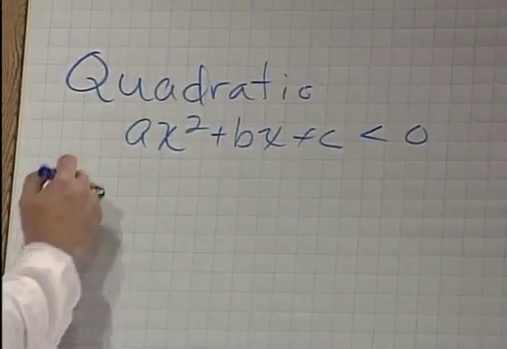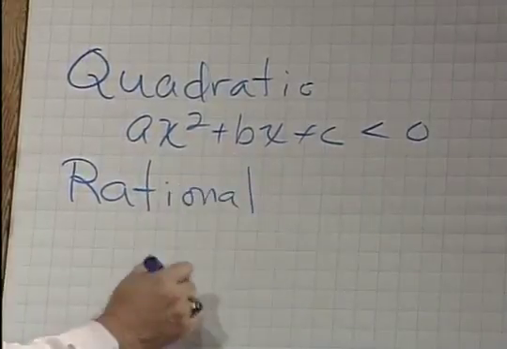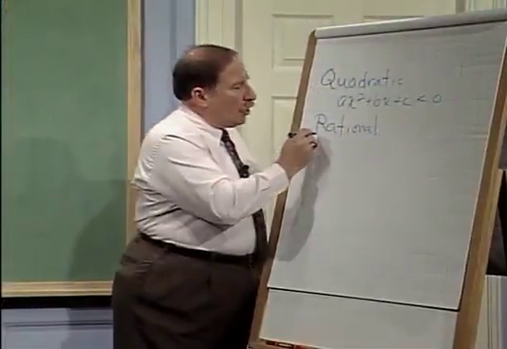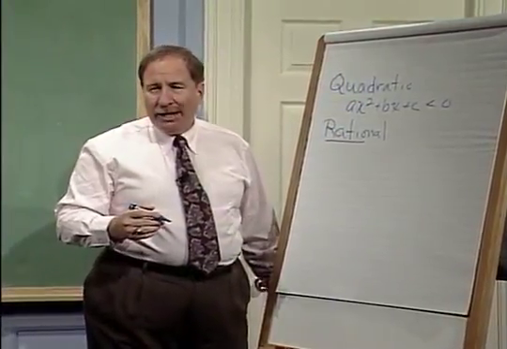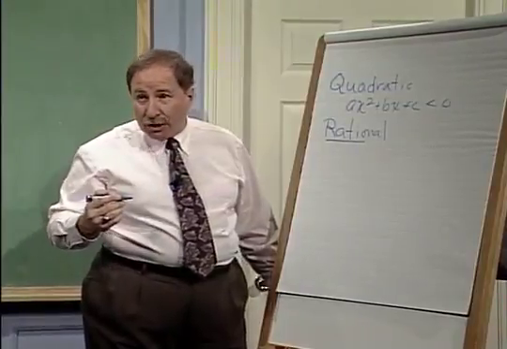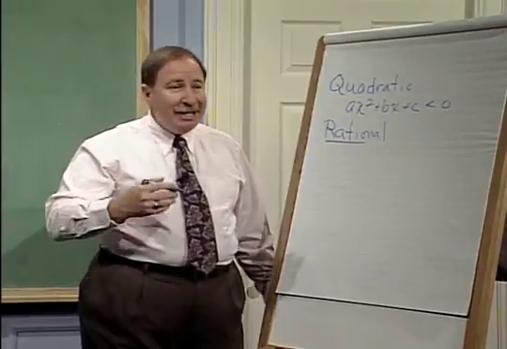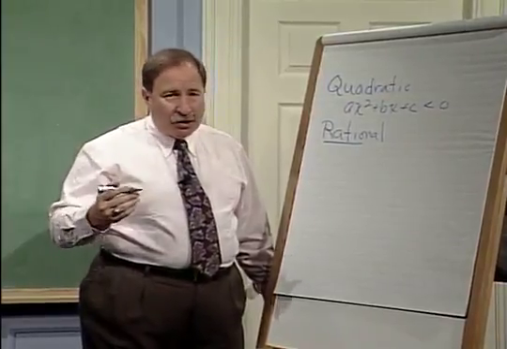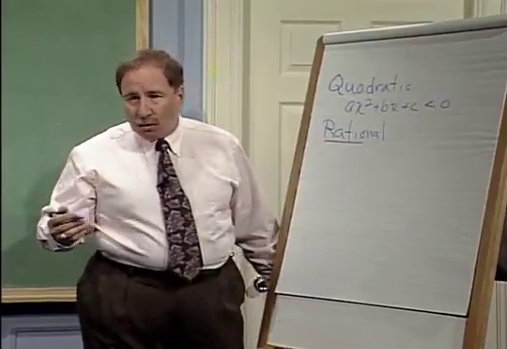How about a rational inequality? We really haven't talked about rational functions. The word rational contains the word ratio. A rational number is a number which can be written as the ratio or the fraction where the numerator and denominator are both integers. So negative 1/2, 4/7, 5/3, negative 11/2 are all rational numbers.